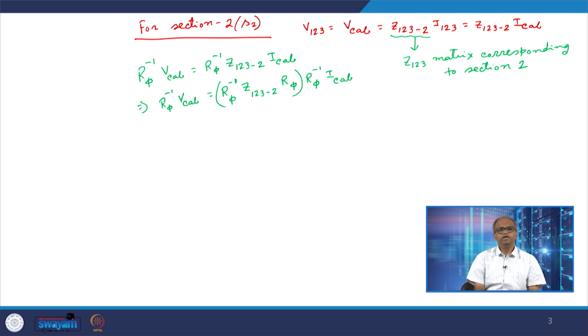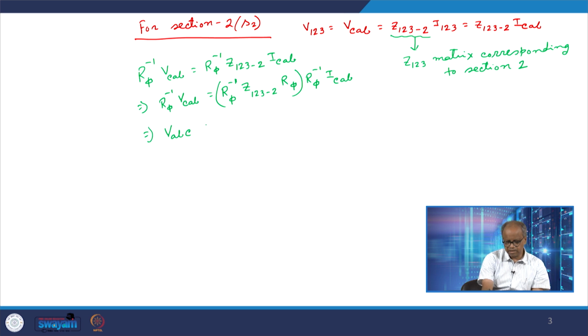Now we have already seen what would be the result of R phi inverse into VCAB. Essentially the third row would be shifted to the first position, right. So, sorry, it would be basically the first row would be shifted to the third position.